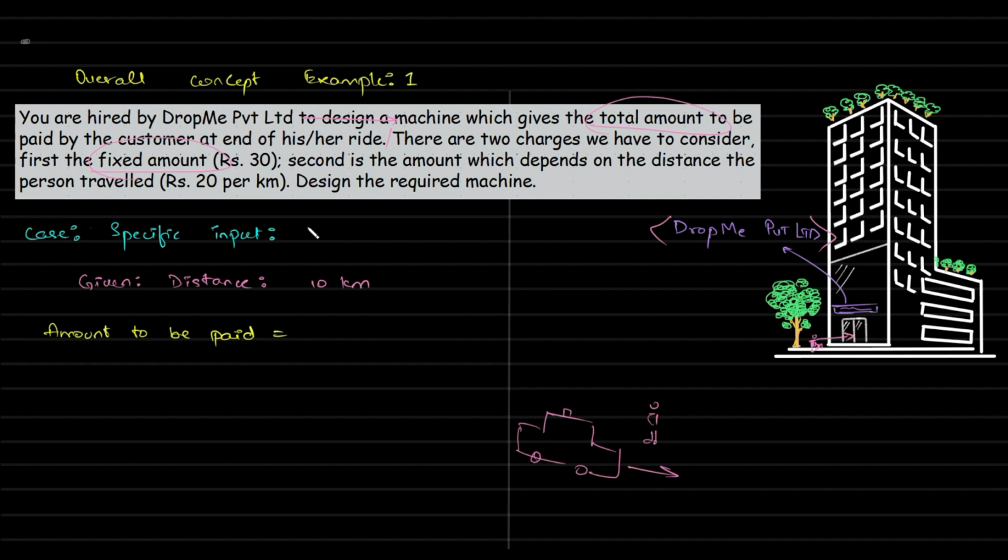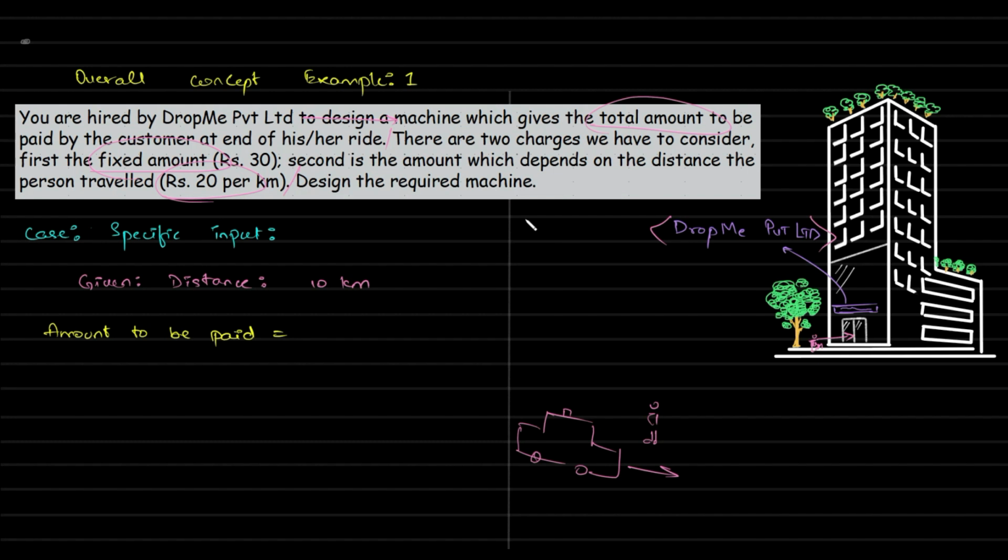You have to by default pay that amount. Maybe it might be related to taxing and stuff like that, but you have to pay that amount. Second amount is dependent on the distance the person travels. So if a person is traveling a particular distance, he or she has to pay rupees 20 depending on the kilometers they travel. Designing such a machine is your job.